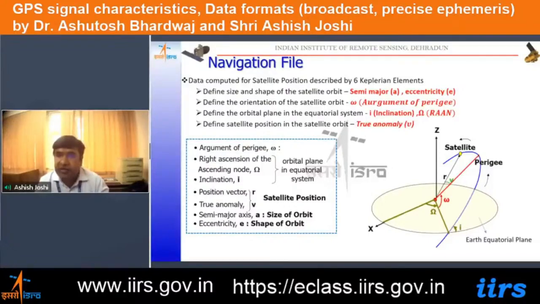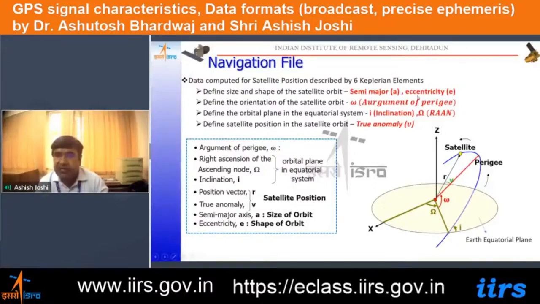Every navigation file contains these 6 Keplerian elements, which include the semi-major axis, eccentricity, argument of perigee, inclination, right ascension of ascending node, and true anomaly. Through these 6 Keplerian elements, we can derive the position of the satellite. So these are some of the elements.